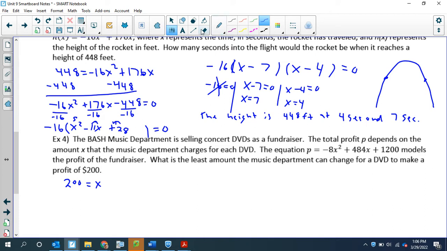All right, so we got 200 equals negative 8x squared plus 484x plus 1,200.